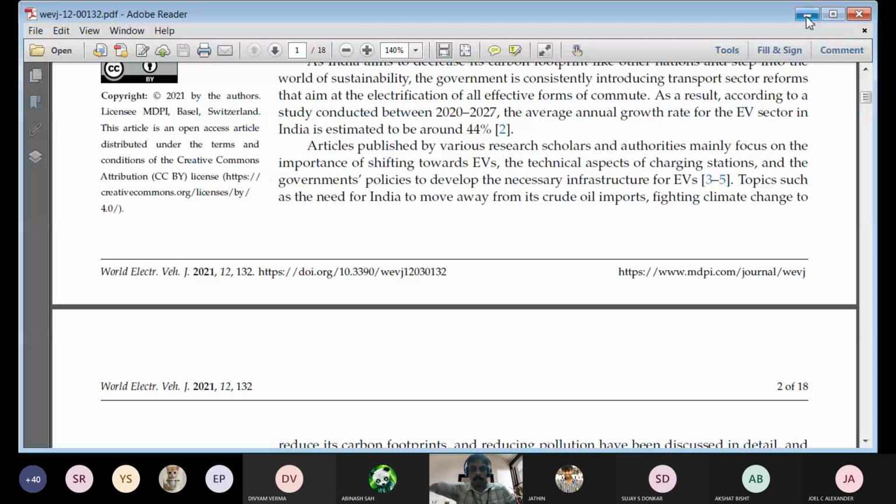Maximum 3rd of September we can expect. Sir, in that we have to just give the group and the topic name? Yes. First review expectation is what is the group and what is the topic, and how you are going to do it.